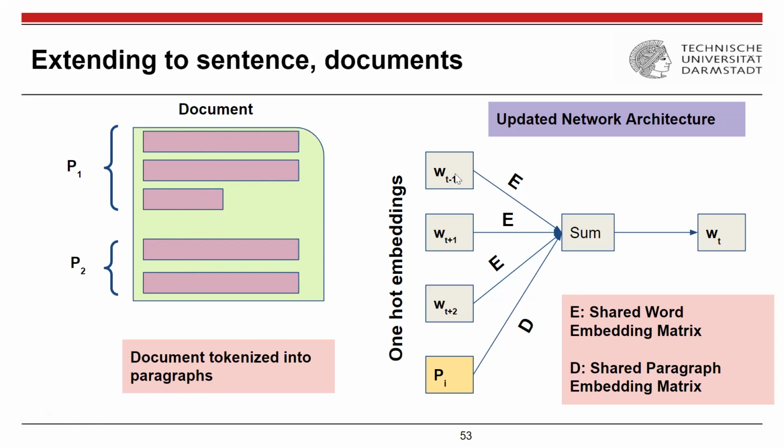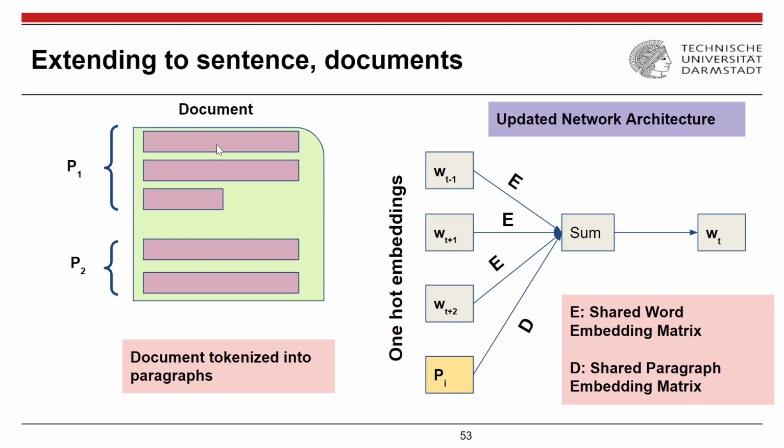Now you take a paragraph, enter all or some of the words of this paragraph along with the paragraph itself, pass it through the encoding process, and try to predict one missing word in this paragraph.